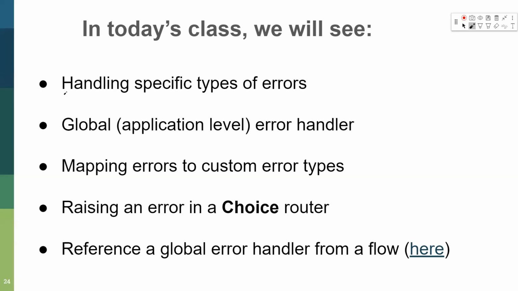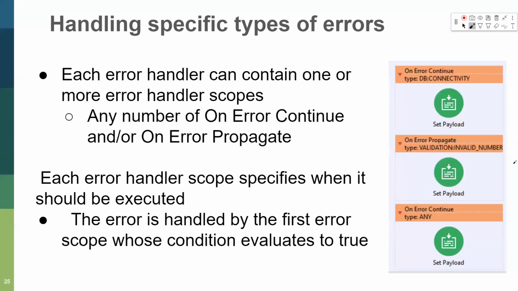Okay, so let's start with handling specific types of errors. In here, what am I showing? On the left, you can see in an error handler, we can have multiple error handling scopes. I have the first one on the top, on error continue, and it handles only DB connectivity errors.